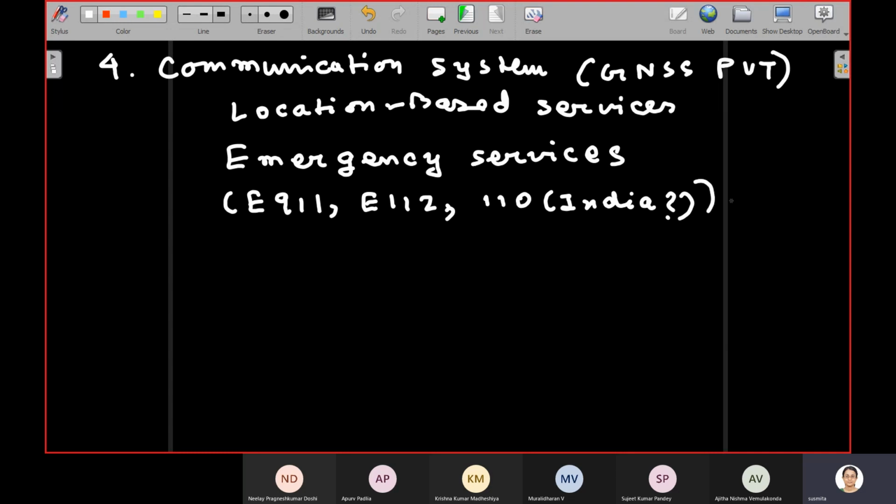I'm not sure about 110, but I have read about E911 in the newspaper. So what happens when somebody is in distress, he or she would call this number, E911.